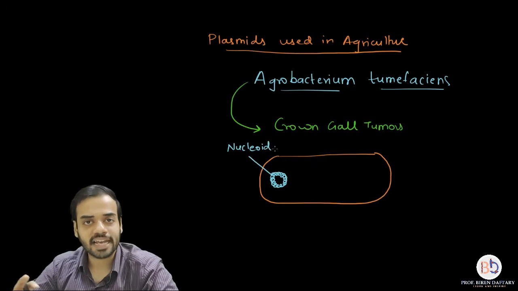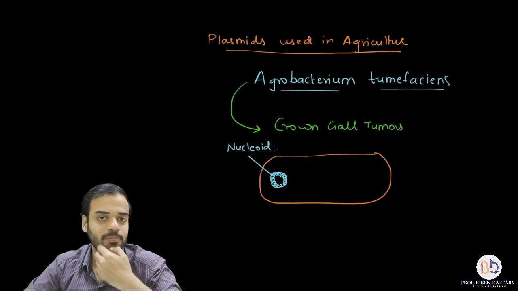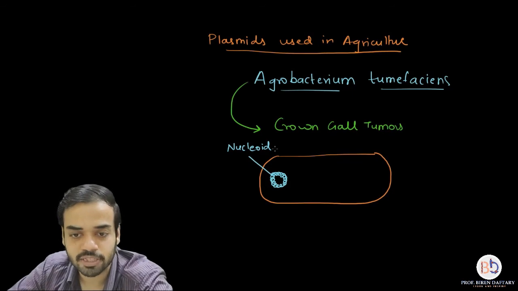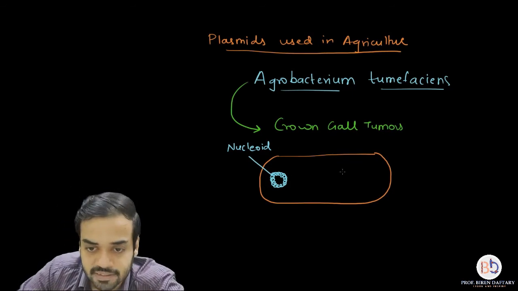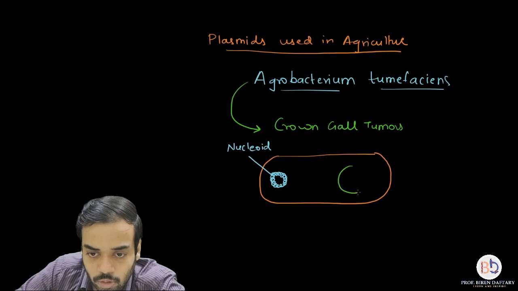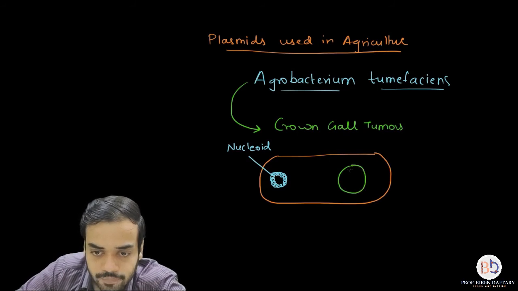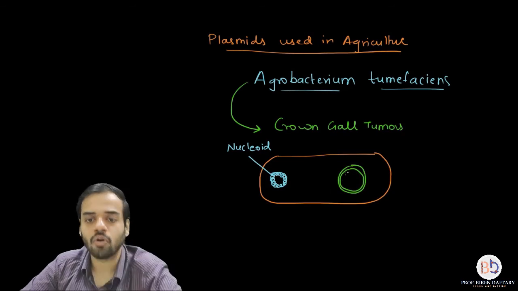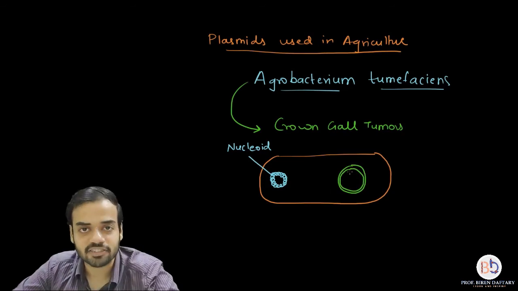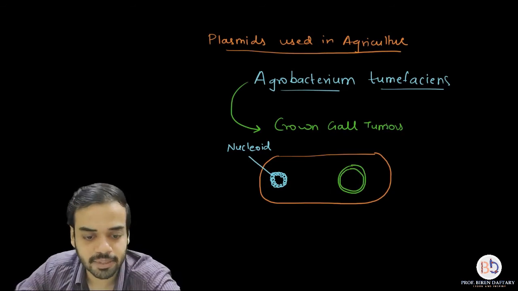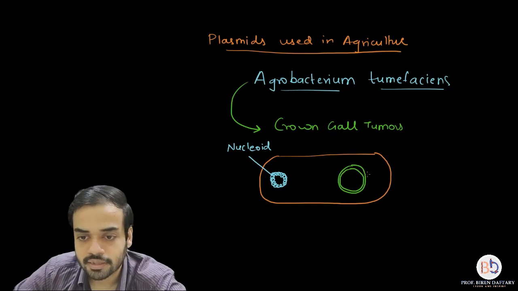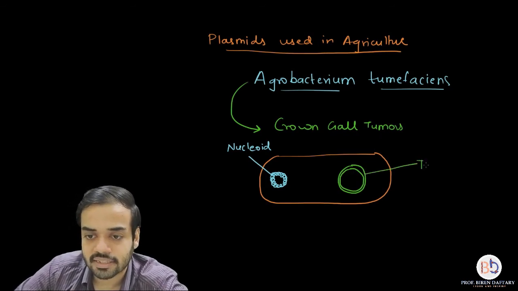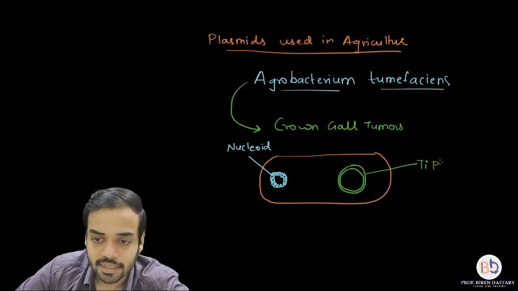Now this Agrobacterium has its own plasmid, and this plasmid is called the Ti plasmid. We are going to use a green color to represent that. So over here I'm going to draw a plasmid. Let me label it for you. This is called the Ti plasmid.